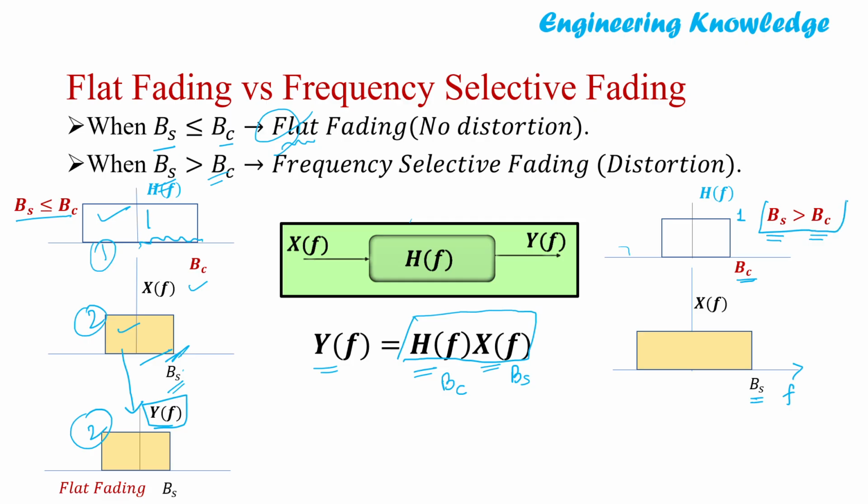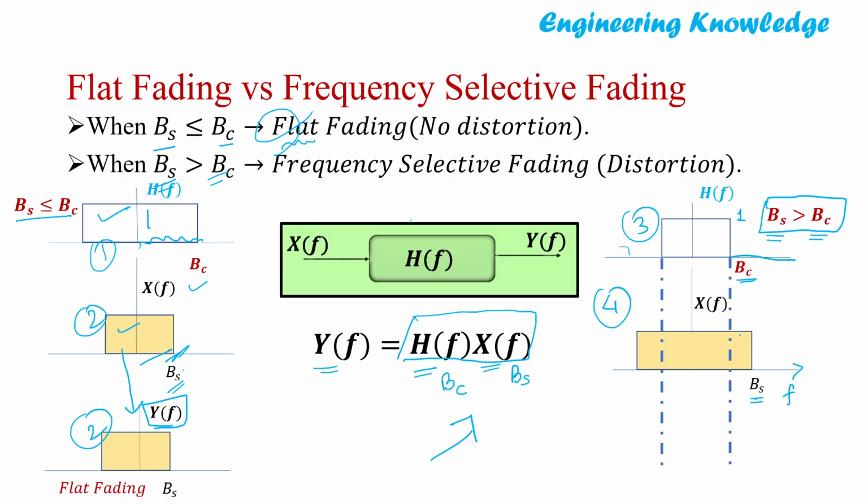This is very important. So the signal bandwidth is now more. What is happening again? From this relationship there is perfect multiplication. So when we multiply now 3 into 4, you can understand this signal does not exist beyond Bc. Therefore whatever part of Bs is beyond Bc will not come at the output.